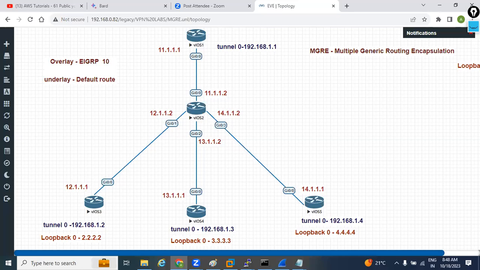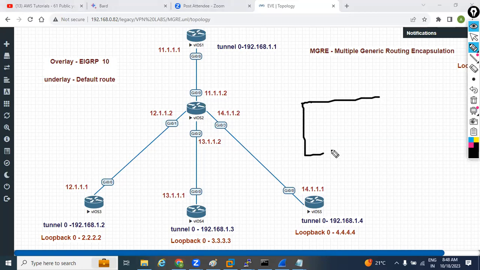So what is the concept of EIGRP routing protocol configuration? What is the mechanism? Let's consider any router. This is my routing table, this is my neighbor table. I'm using EIGRP, so this is my EIGRP neighbor table. Who's my neighbor right now? The NHS, the hub, is my neighbor.